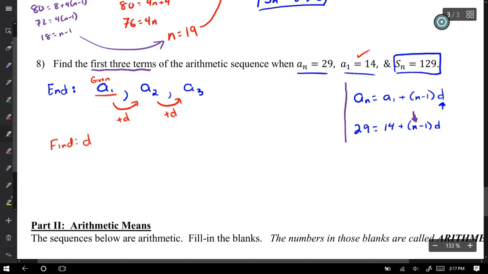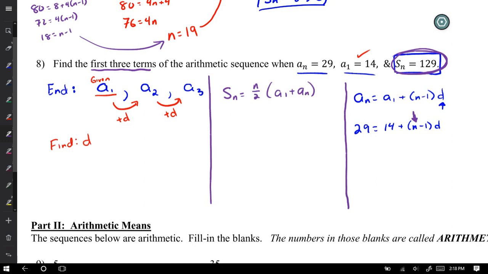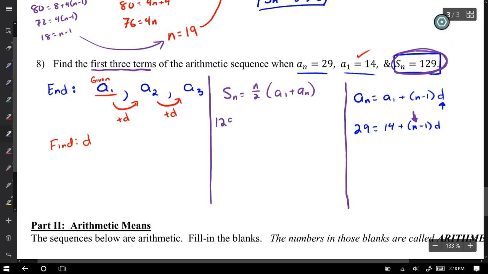And so that's where you kind of have to analyze what's given to you. For some reason this problem thought it was helpful to give you the sum. So let's go to that formula. The sum takes your a1, adds your an, multiplies by n, divides by 2. Well, now look what you have.